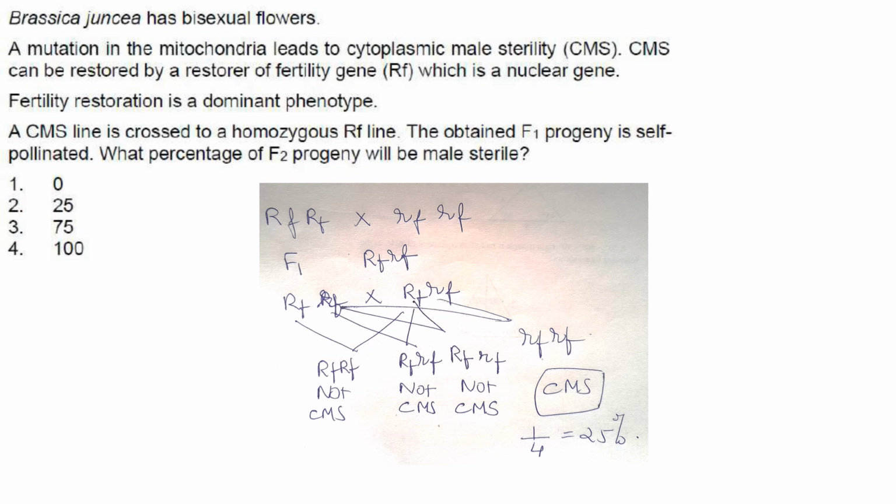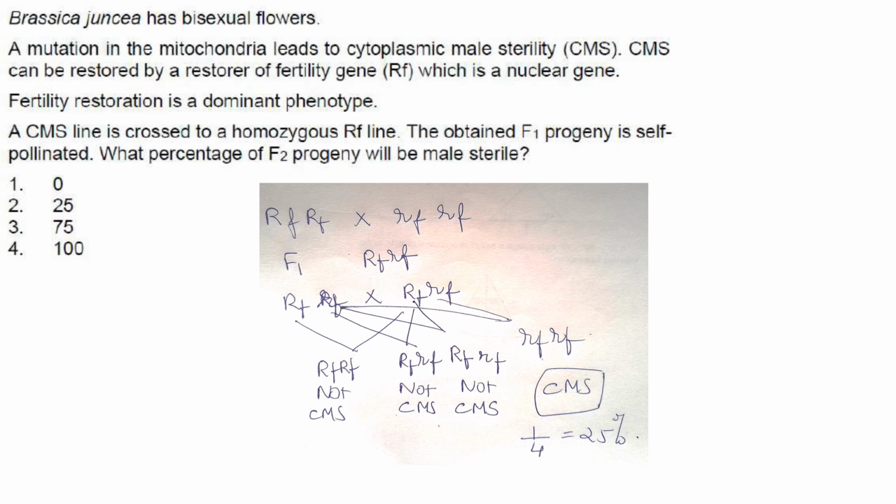Then next one. Brassica juncea has bisexual flowers. A mutation in the mitochondria leads to cytoplasmic male sterility. What is cytoplasmic male sterility? It is inherited maternally and it prevents the plant from producing functional pollen. CMS can be restored by a restorer of fertility gene, RF, which is a nuclear gene.